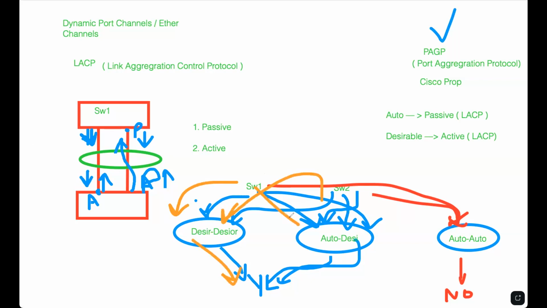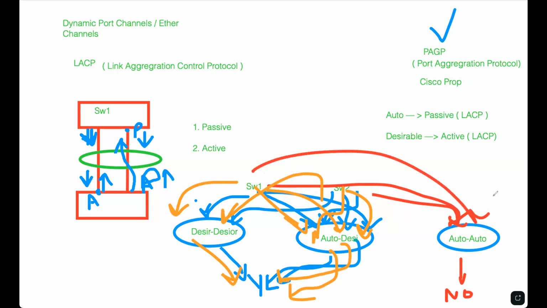If switch 1 is auto and switch 2 is desirable, it will form the port channel. If switch 1 is desirable, if switch 2 is auto, it will form the port channel. But if both switch 1 and switch 2 are auto, it will not form the port channel. Okay. Any questions, guys?